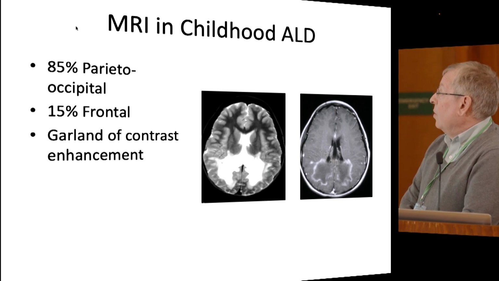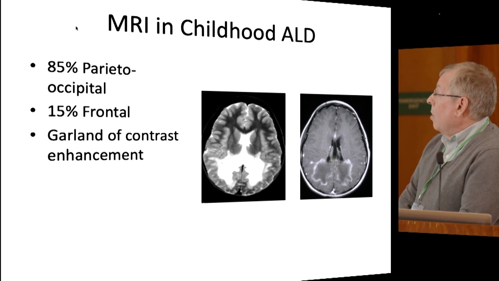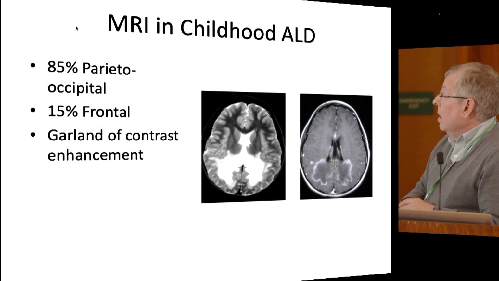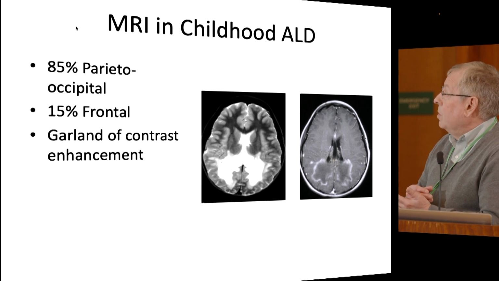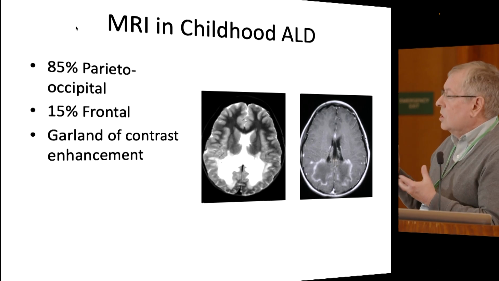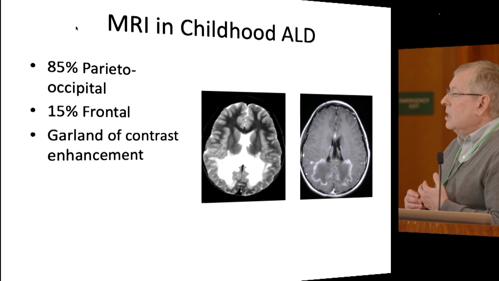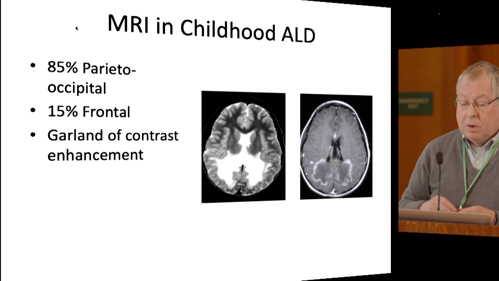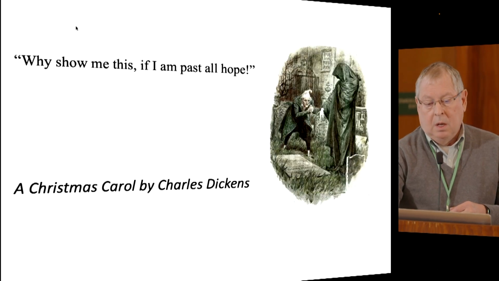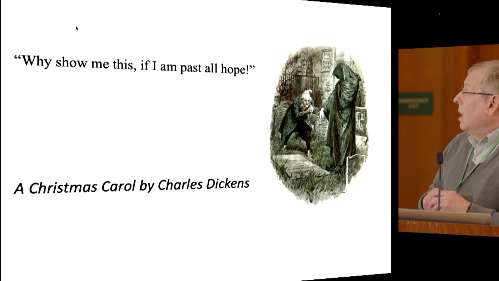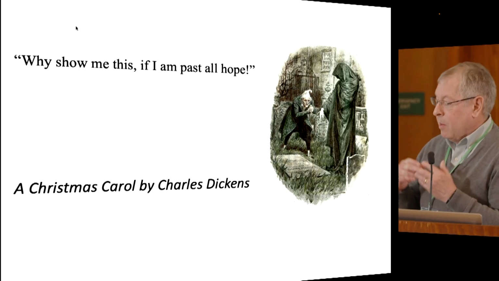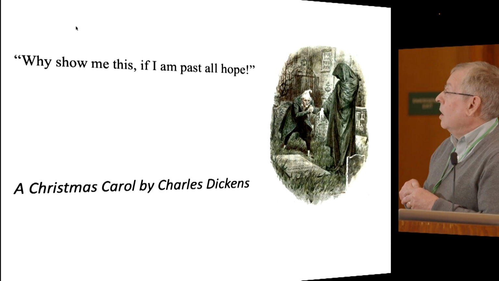Initially, we used to talk about the posterior, or the bottom here of the slide. 85% were parietal occipital, 15% were frontal, and this garland of enhancement. And this is how individuals used to come to attention.